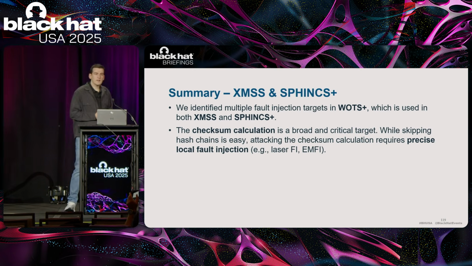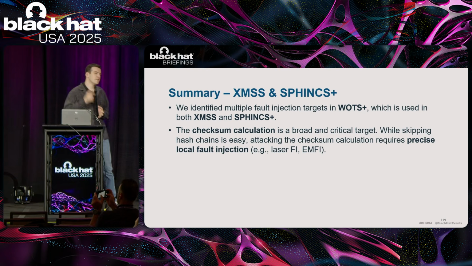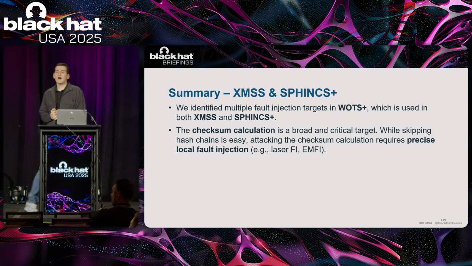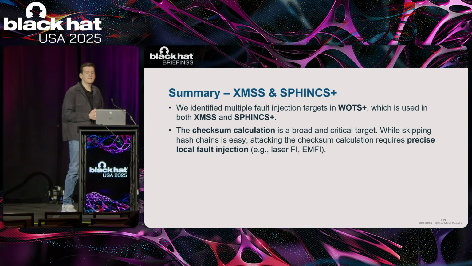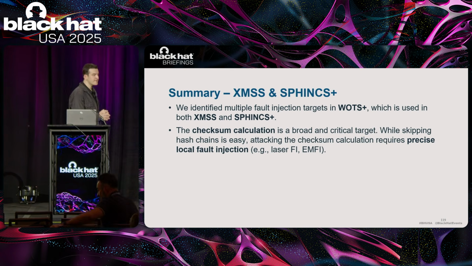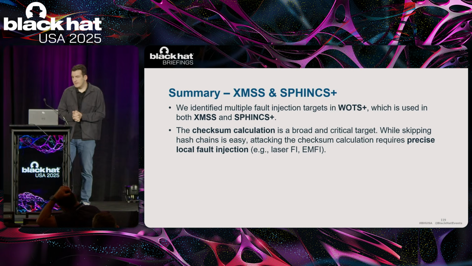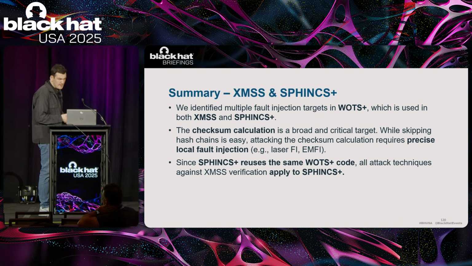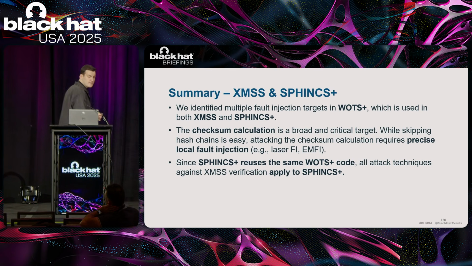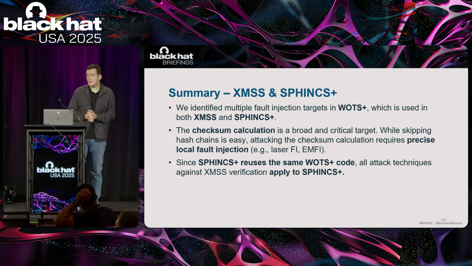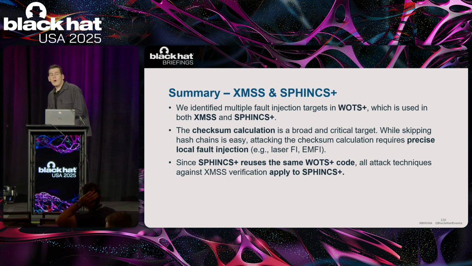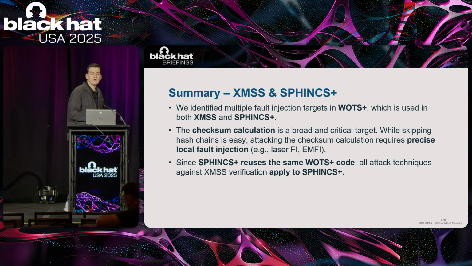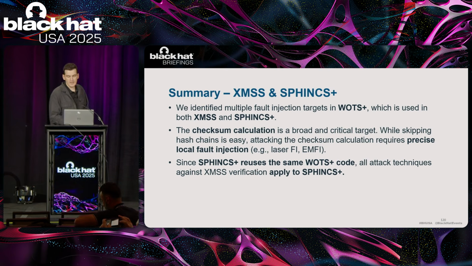Attacking the checksum calculation and changing it to the exact value that you want will require precise local fault injection techniques, such as laser fault injection or EMFI. And since SPHINCS+ reuses the same WOTS+ code, all attack techniques against the XMSS verification also apply to SPHINCS+.